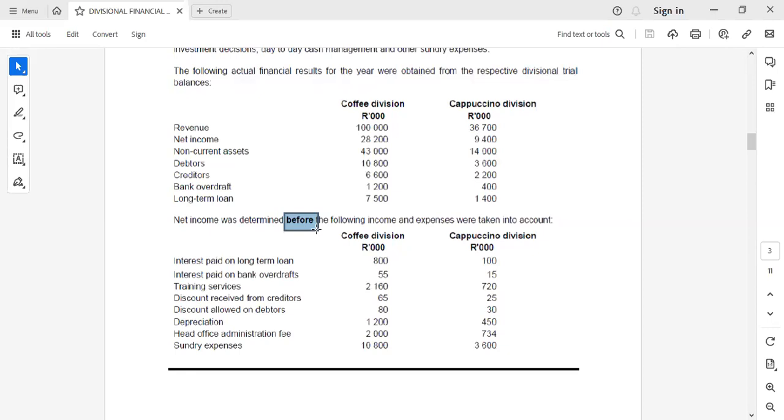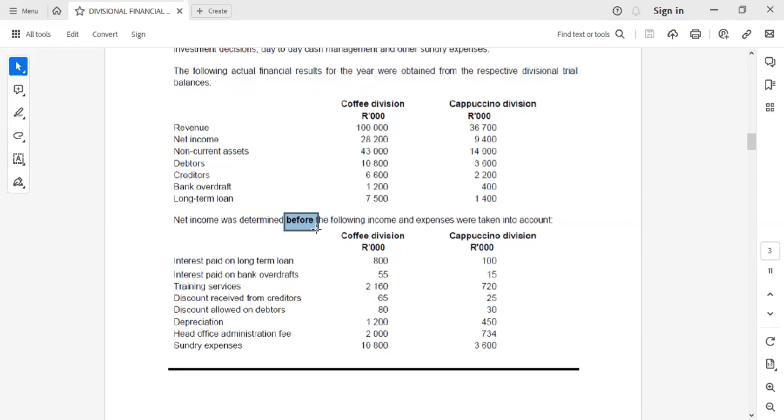That means if it was added, you have to subtract it. If it was subtracted, you have to add it. Let me repeat so that you can understand. When they say before the following income and expenses were taken into account, that means you have to identify the income and expenses that are relevant for what you want to do. Like in this case, we need the controllable profit. So all controllable incomes and expenses that are below there, if it's an income, we'll add it. If it's an expense, we'll subtract it.